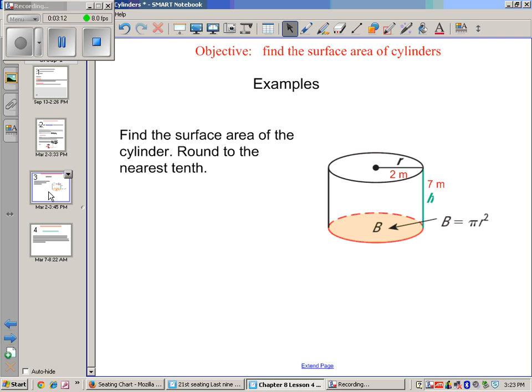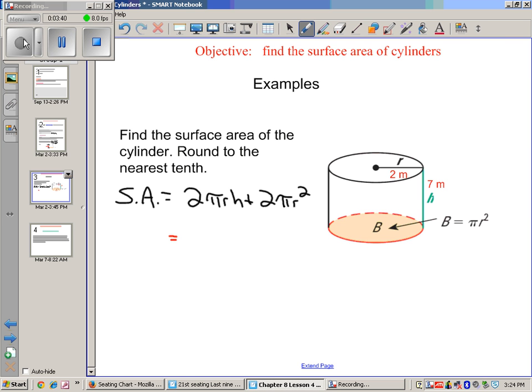Find the surface area of the cylinder, rounded to the nearest tenth. Okay, first of all, as I always say, write down the formula first. So we got SA, surface area, equals 2 pi r h plus 2 pi r squared. Then we fill in what is given to us.